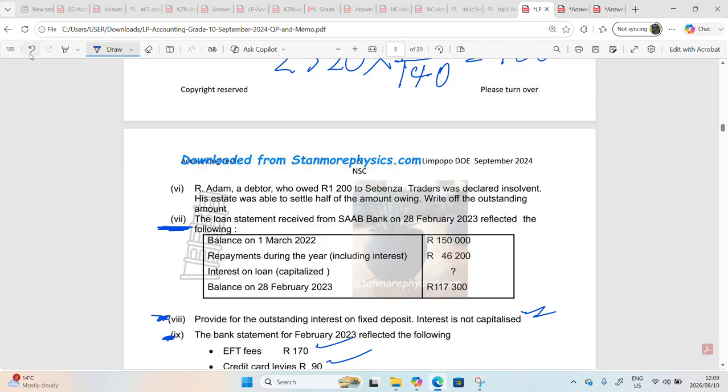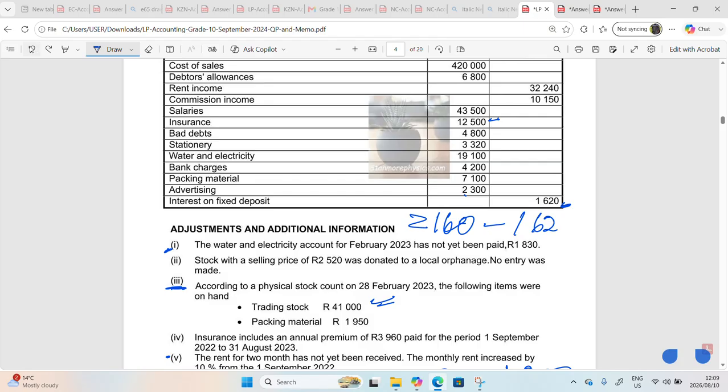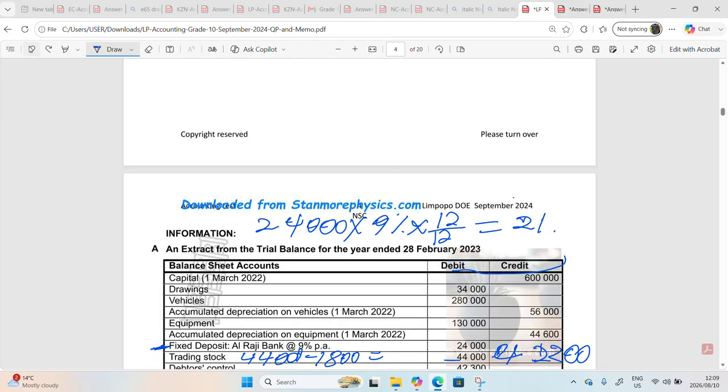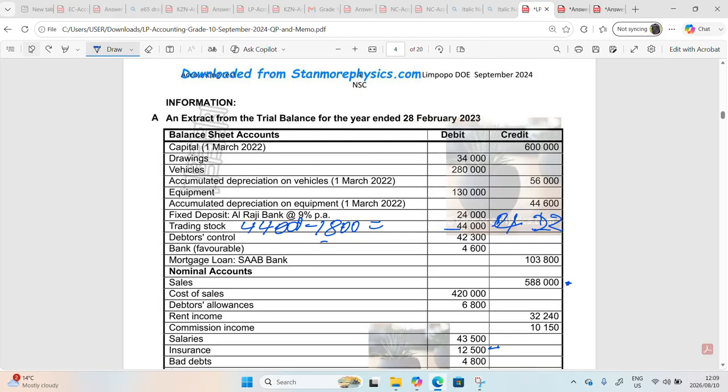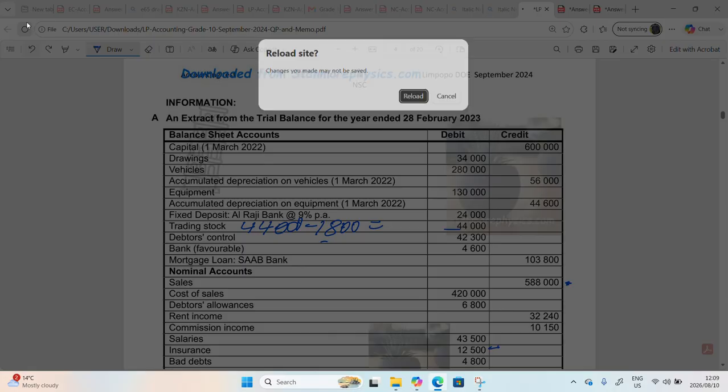So here's what I always like to do with interest. Just want to show you something. I always draw the T account of loan account, guys. It is a liability account. It increases on the credit side and decreases on the debit side.